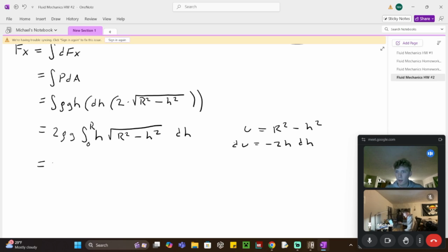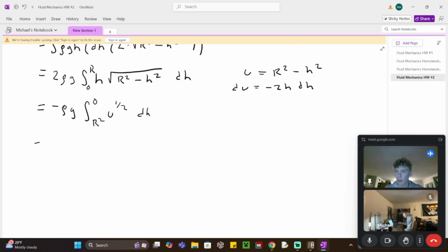So we get negative rho g times the integral, and we need to change our limits of integration due to using u-sub. When h is 0, we get R squared. And when h is at R, we get 0. So these are our new limits of integration, and we get u to the 1/2 du.